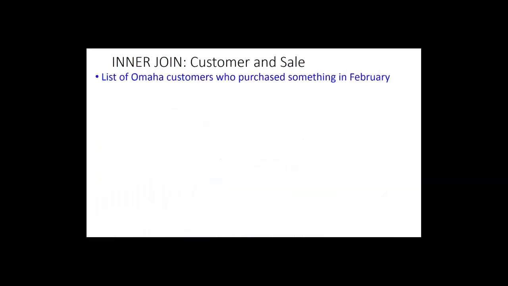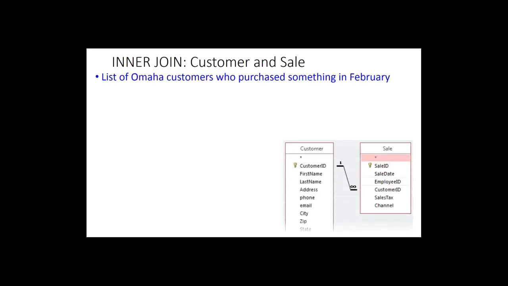For example, we want to return a list of Omaha customers who purchased something in February. The first step is to find out which tables are involved. If you're looking at customer first name, last name, or contact information, and the city from Omaha, this is all in the customer table.